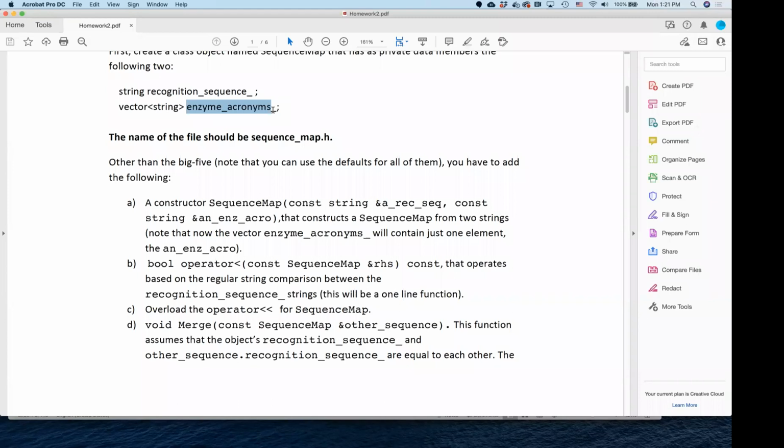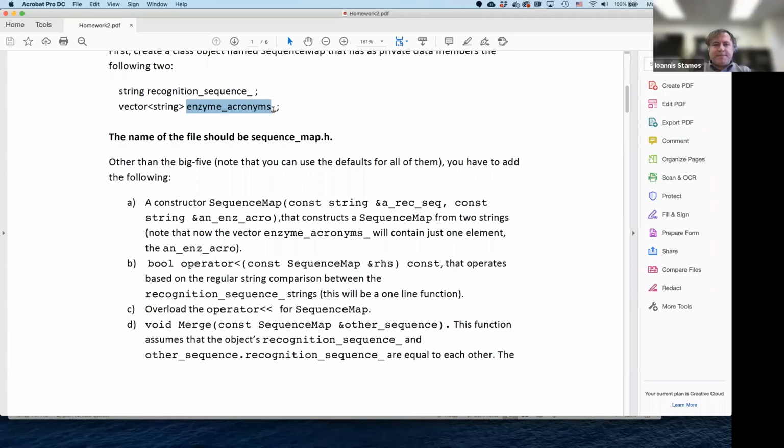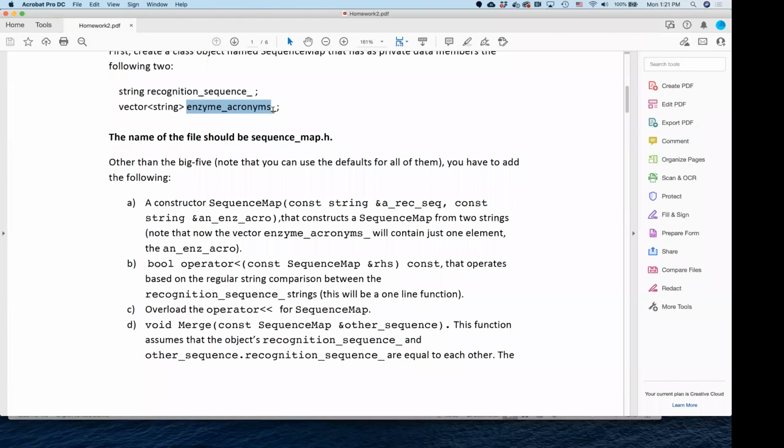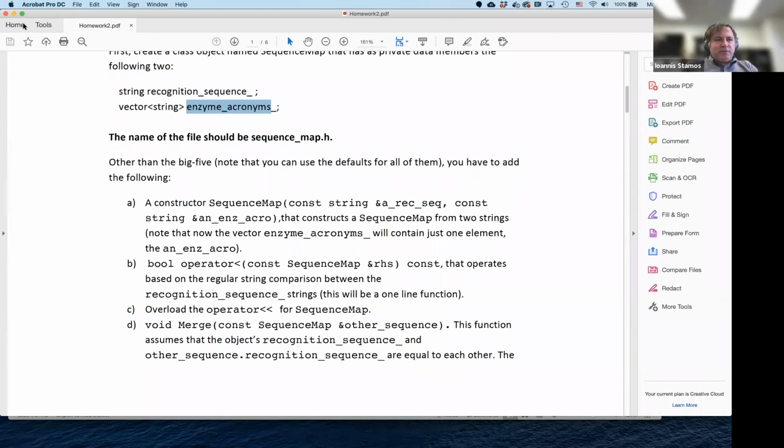Okay. So enzyme acronyms is a vector that contains 1 string, and the recognition sequence goes to recognition sequence. Right, there are 2 parameters in the class. Any other question? All right. Maybe it was not clear from the assignment, but this is what we mean by that.